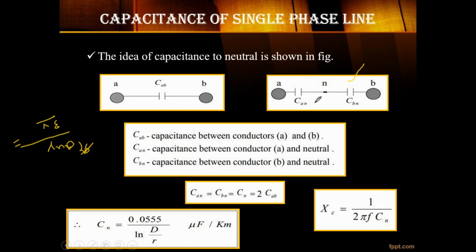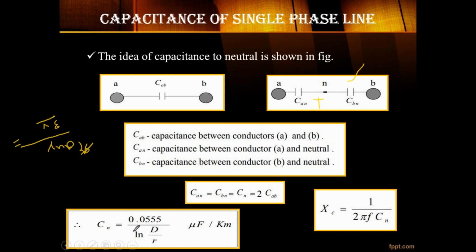So CAN and CBN, if you add both, you will get CAB. CAB is nothing but the capacitance between the conductors A and B. CAN is the capacitance between the conductor and the neutral point. Similarly CBN, conductor to neutral point. So here CAN equals CBN equals CN, which is equal to 2 CAB. So it is 2 times CAB.